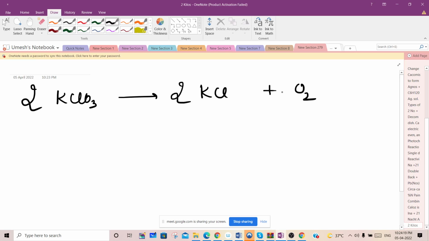It will give 2KCl plus 3O2. Good. 3O2. Good. Solid. Note it down.